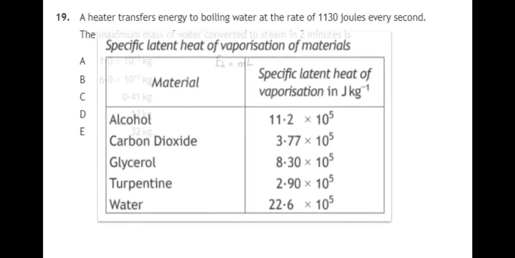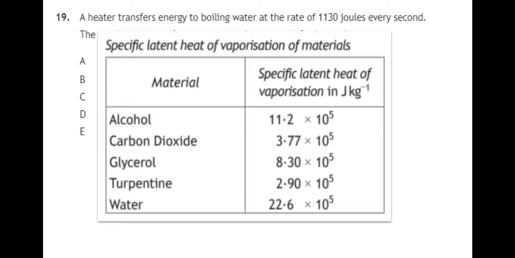Number 19. A heater transfers energy to boiling water at a rate of 1,130 joules every second. The maximum mass of water converted to steam in 2 minutes is, well, we're changing the state of the water. So we're going to use our formula E_h equals mL, where L is the latent heat of vaporisation of water, which we can get on our data sheet.